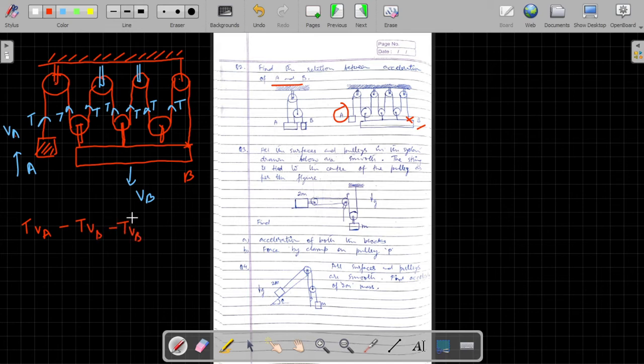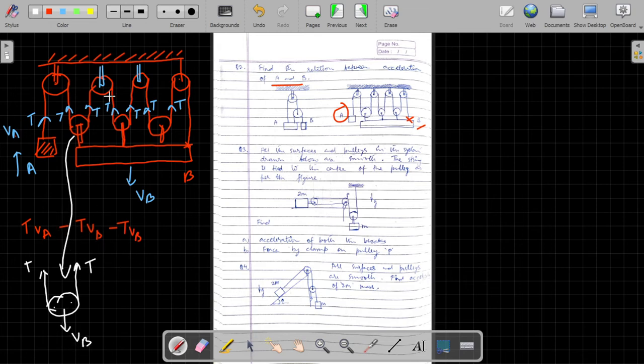We are writing the negative sign since, for the pulley which we have marked, the tension is acting in upward direction, and the points on the pulley where the tension is acting are actually moving in downward direction, and this is because the pulley itself is moving downwards.